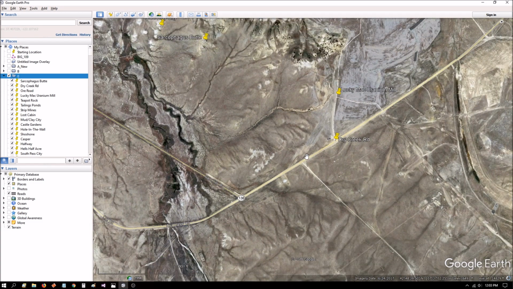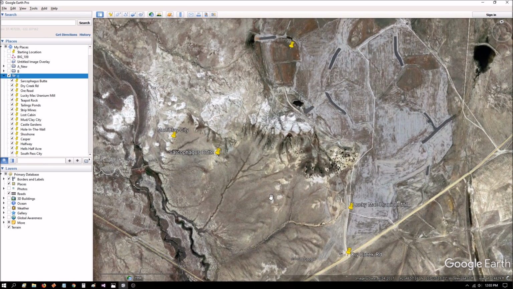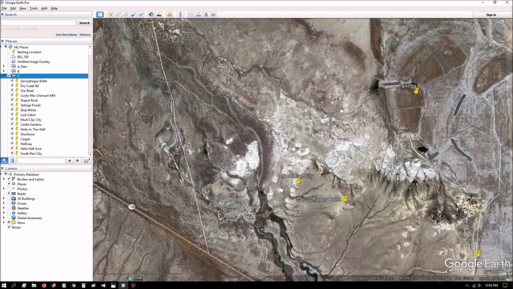And you can pretty much, don't go through the gate over here, but you can walk up around this way. If you do go through the gate, again, that's private property. But if you get up around here, that would actually be the easiest way to walk down here. And this is BLM, okay? And so is a lot of this area.